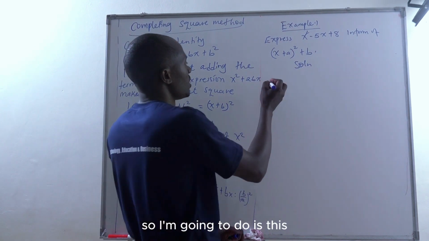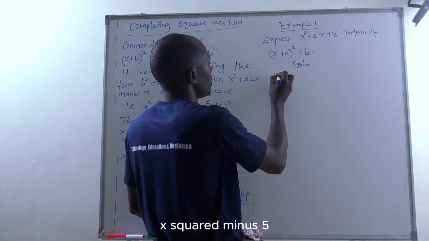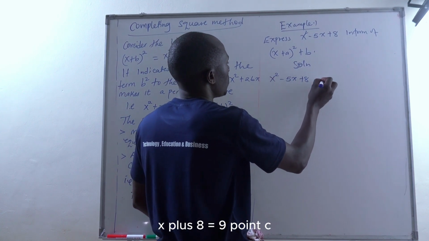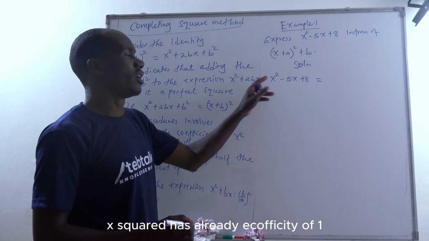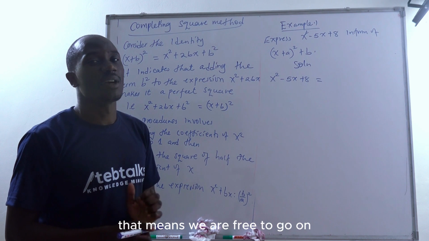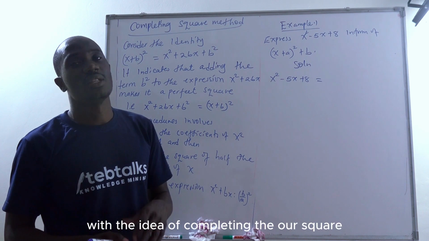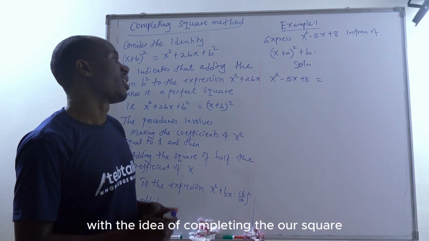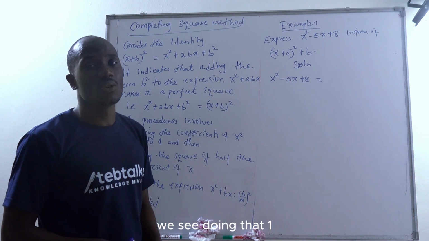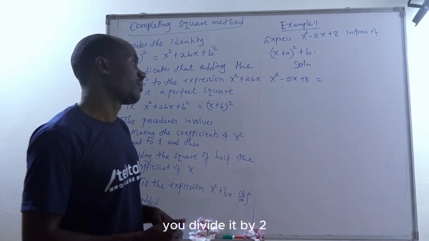So what we're going to do is this: x squared minus 5x plus 8 equals. Now you can see x squared already has a coefficient of 1. That means we are free to go on with the idea of completing our square. Then with the coefficient of 5x, we said you divide it by 2.